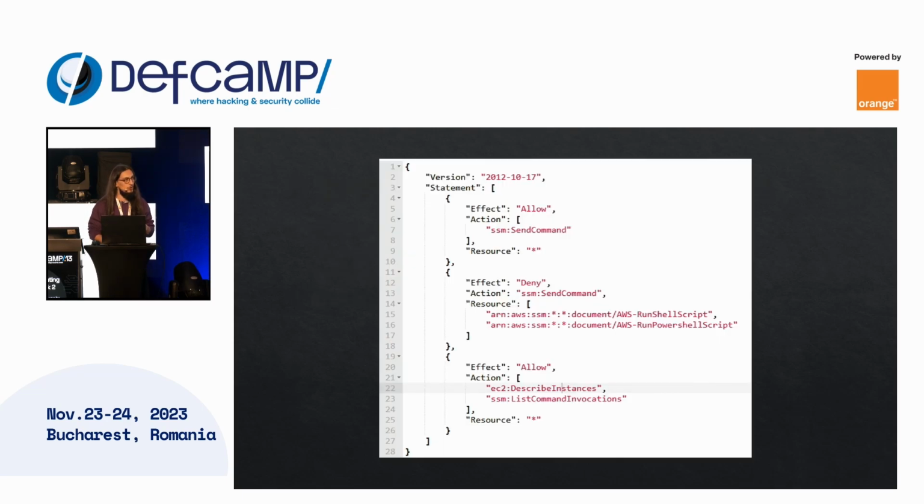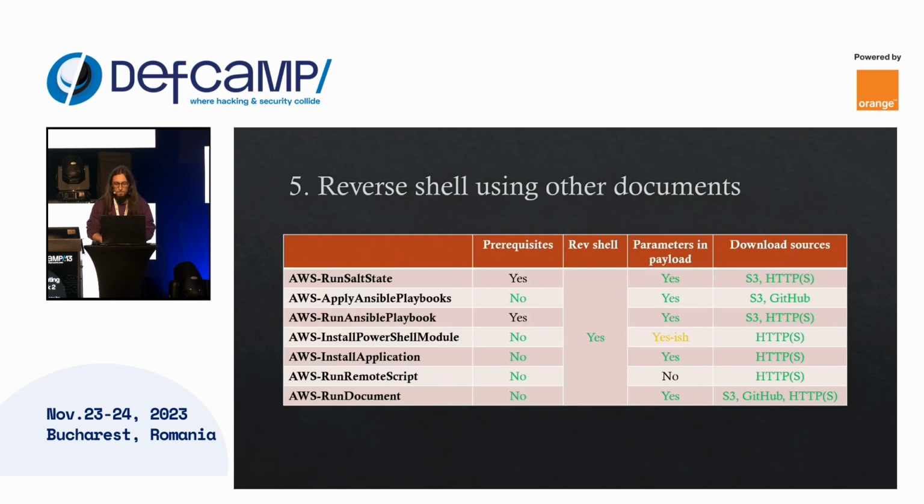So let's change our permissions a bit. We add a deny statement that will prevent us from using these 2 documents. And here comes a research I did, where I identified 7 other built-in documents that can be used to run system commands and can also be used to get reversals.